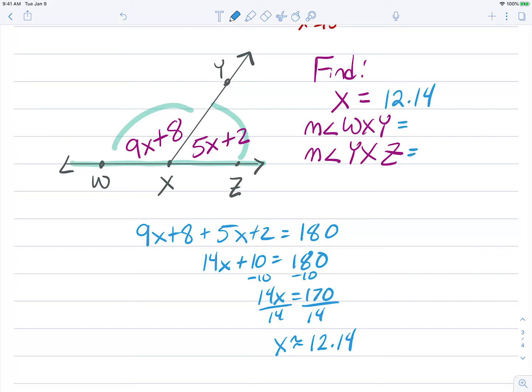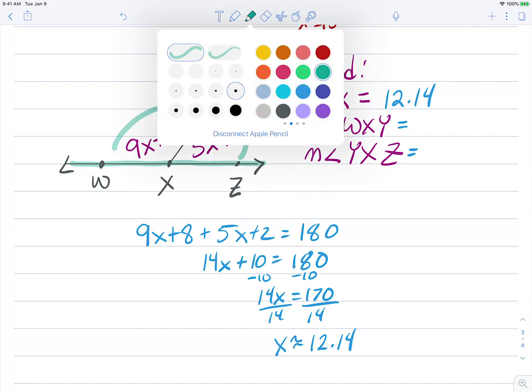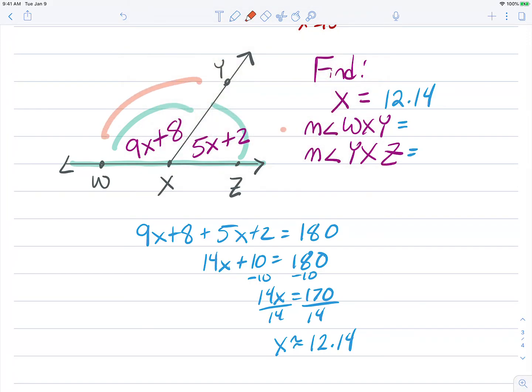And if I find the degrees of my missing angles, the measure of angle WXY would be this first angle on the left, so this one here, and I'm going to do 9 times 12.14 plus 8, and I'm going to get 117.26 degrees.